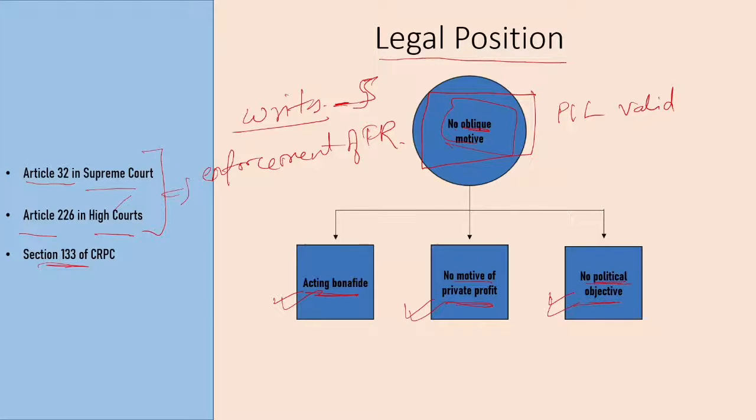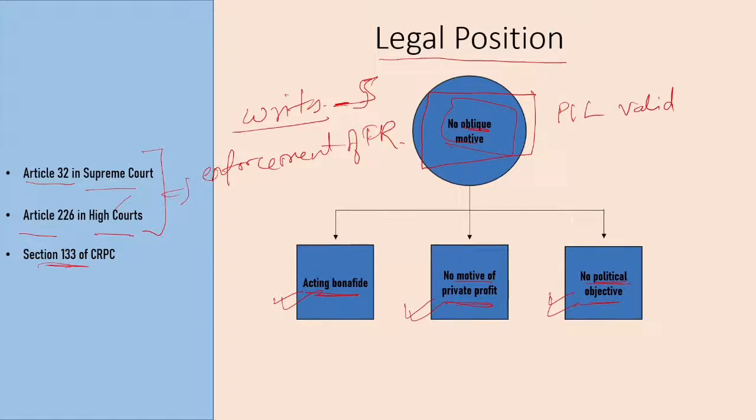Similarly, let's say there's a tree in someone else's residence, but that tree is now in a condition where it might fall on anyone who is passing on the road. So again, this is a public concern because it can cause injury to a person. In these cases, the district magistrate under section 133 has the power to use their own discretion.